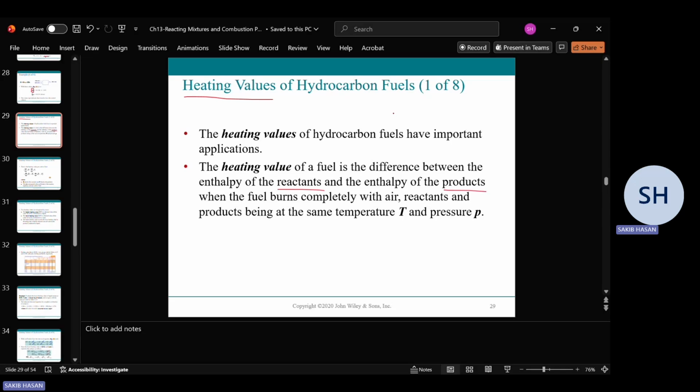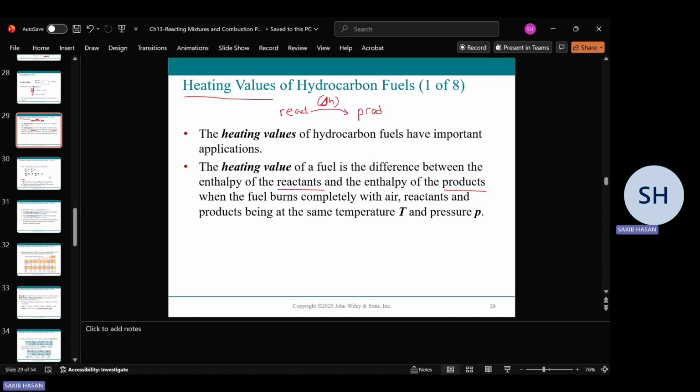So it is essentially the amount of heat energy that is being released, the delta H as you go from the reactants to the products, right? And this is important to us because this is what we use to generate work.